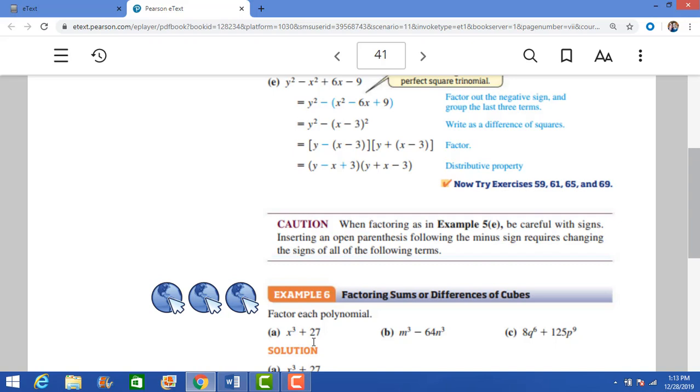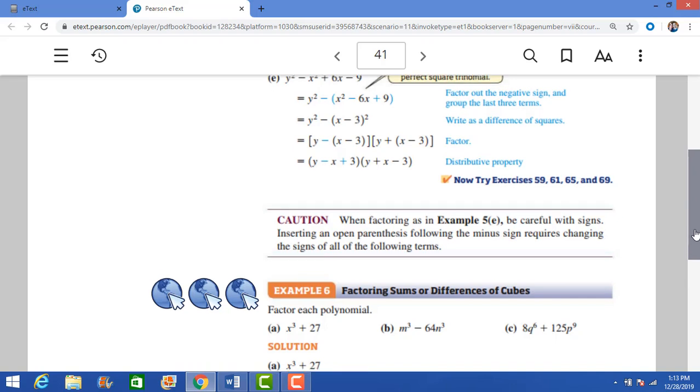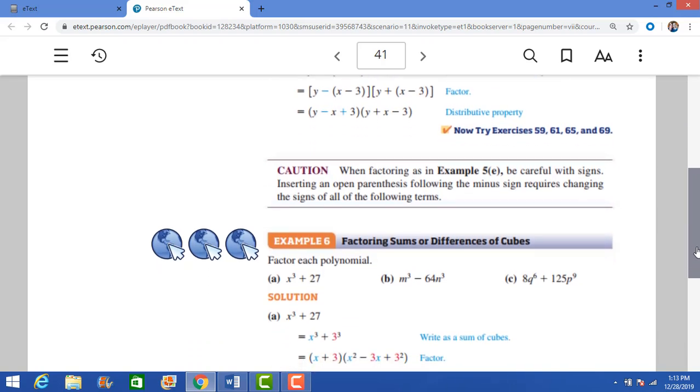So this is going to be a plus b times the quantity a squared minus ab plus b squared. Okay, remember the forms. And if we use that to our advantage, this sum of two cubes, which you can see here, becomes this. Notice x plus 3, and then we get x squared minus 3 times x plus 3 squared.